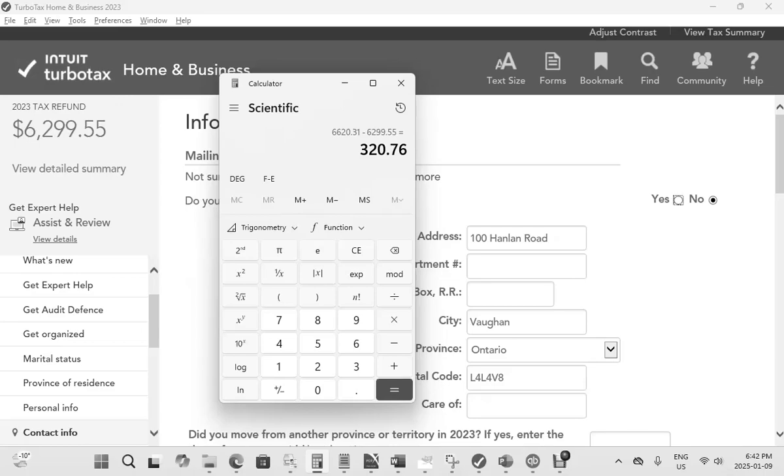So just over $1,500 in ITC makes a difference of over $300 for your tax refund, given the fact that everything else stays the same, all your deductions on T slips and all the other information on your tax return.